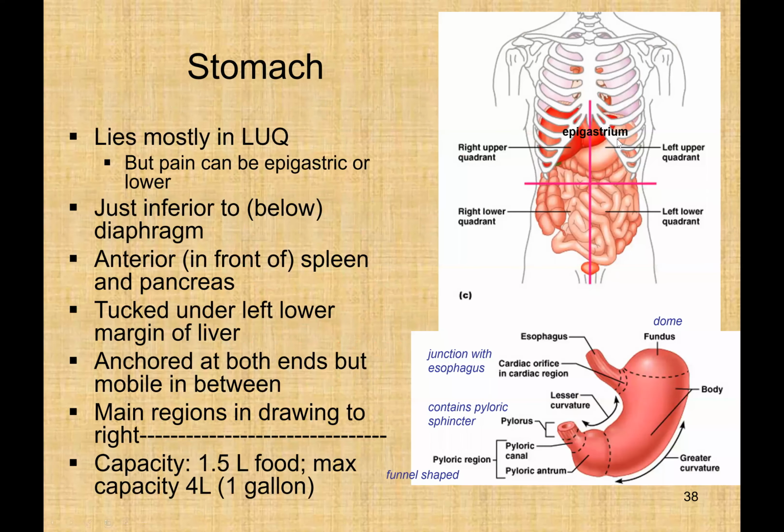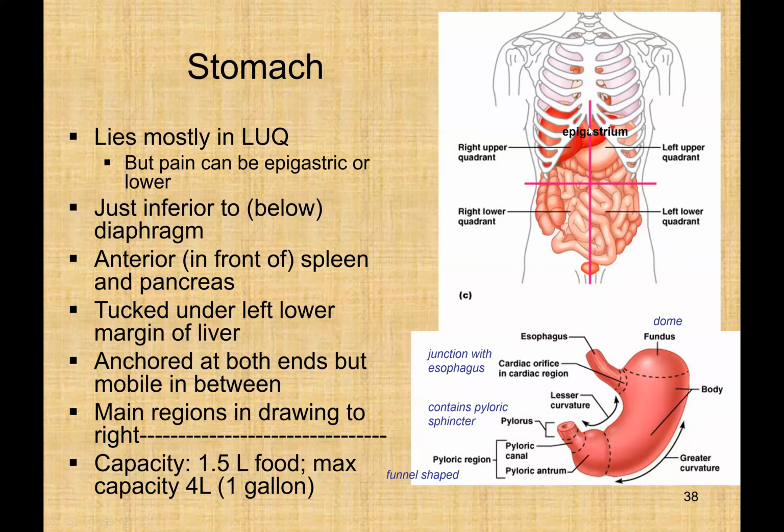So this is just to show the epigastric region, and then this is the hypogastric region. This is the right upper quadrant and the left upper quadrant, together with their lower quadrants. The stomach lies mostly in the left upper quadrant, but pain can be epigastric or lower.